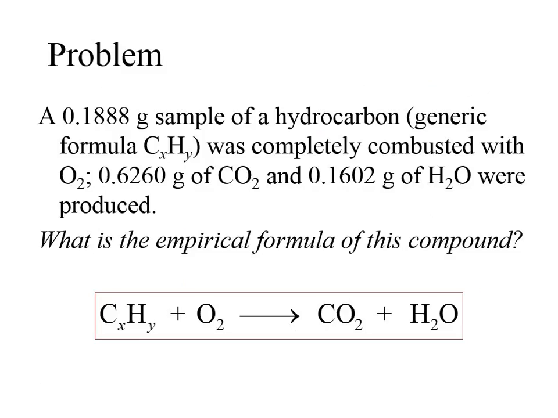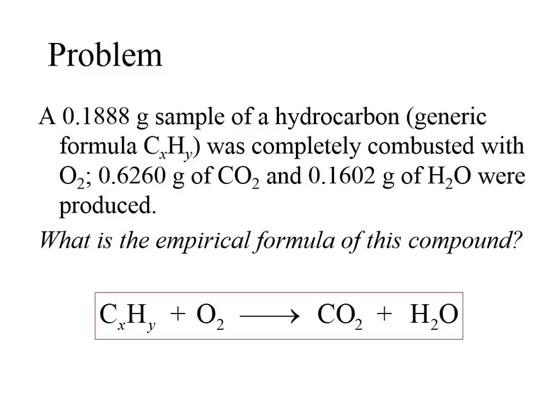All right. So let's work a problem. You guys don't have this little box there, okay? But what I like to do is write what's going on here with combustion.